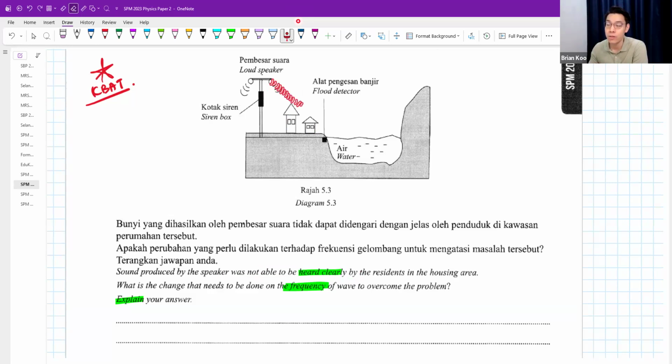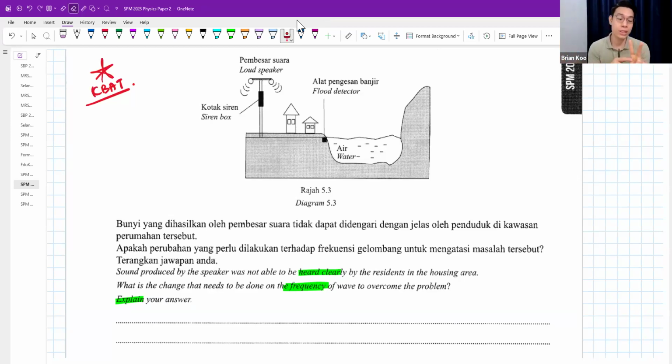It only travels straight. If you want the wave to spread, if you want diffraction to happen, then you need to have a lower frequency wave. So the weird thing is, if the energy of wave is lower, it will spread more. And when it spread more, then it can cover more area.